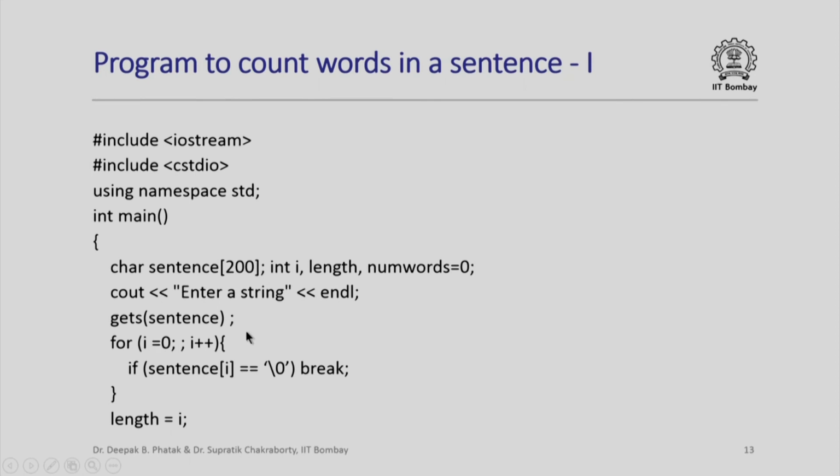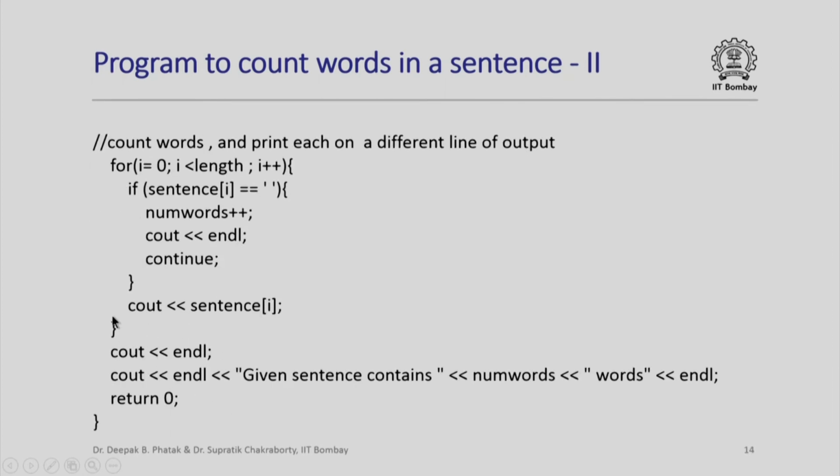All that we do now is that we set up an array scan for i equal to 0. If the ith character is a \0, we know that the sentence has ended, and therefore we determine the length as equal to i. Please remember, we could also have used the function to calculate the length of a string that we introduced in an earlier example.